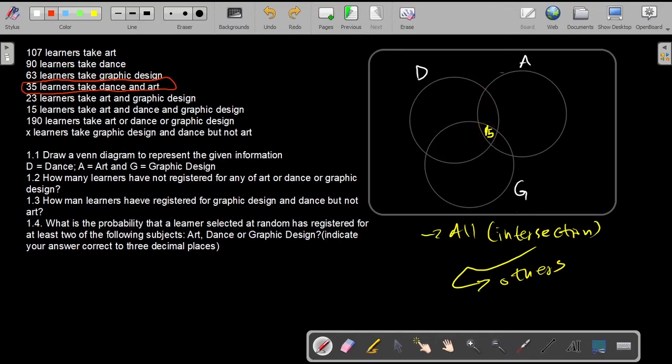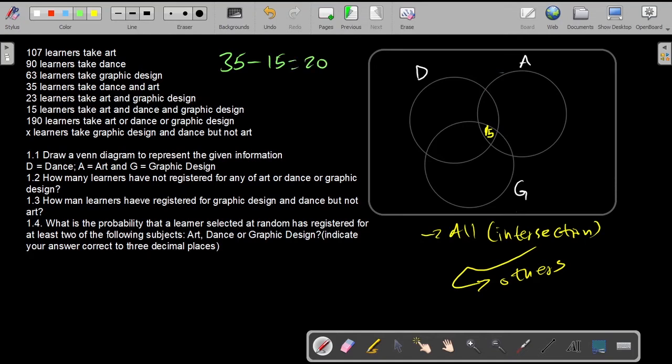So to have the correct value here, you have 35 at the intersection of D and A, but you currently have 15 over there. So what is the value we have to input so that the sum of these two is 35? You can find that 35 minus 15 equals 20.